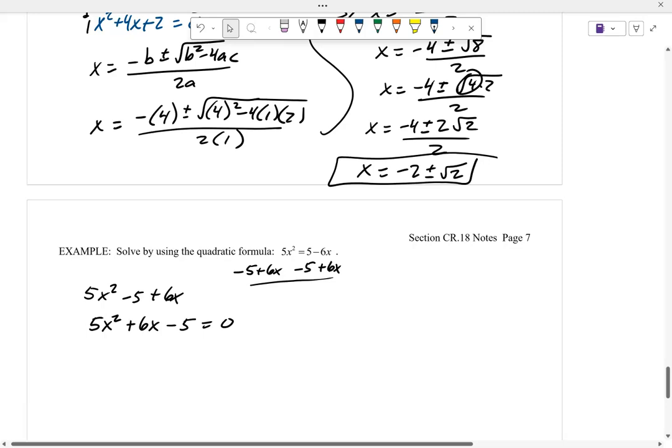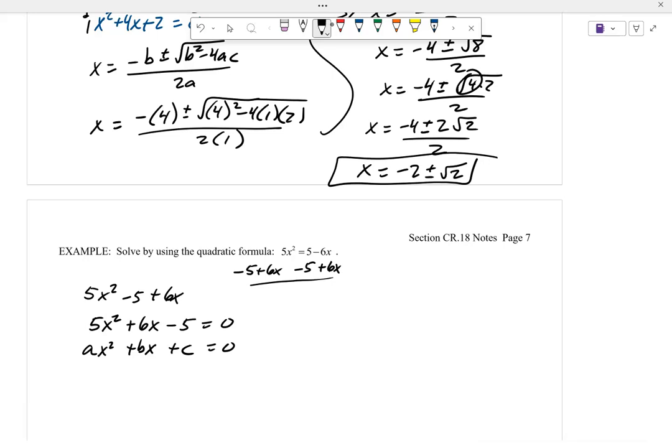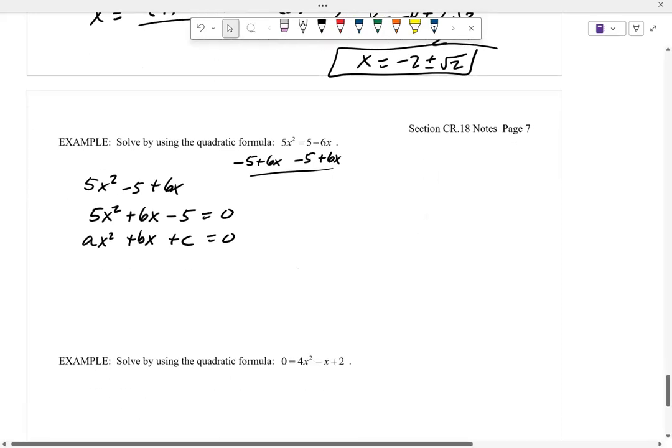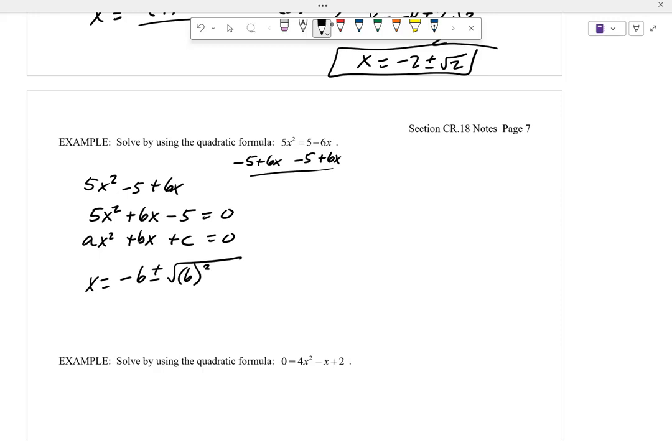So I can recognize my a, b, and c. My a here is 5. My b is a positive 6. My c is negative 5. And we're going to plug it in. X equals negative b plus or minus square root of b squared minus 4 times a times c all over 2 times a.